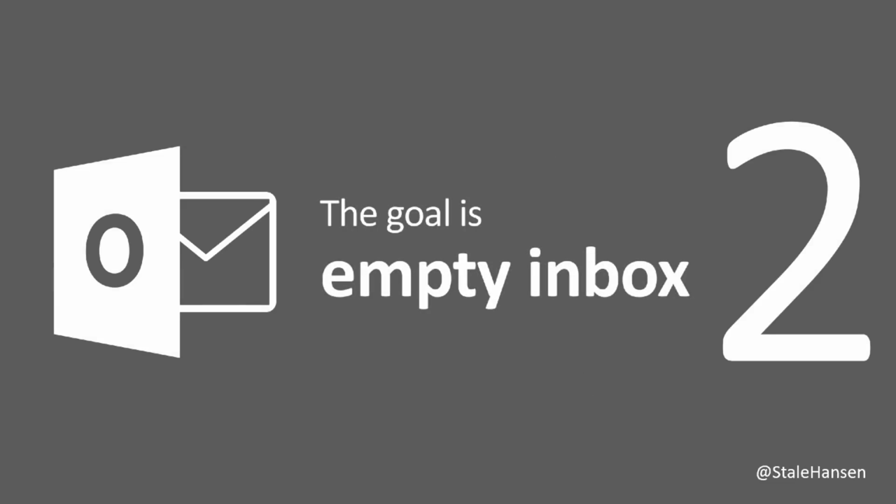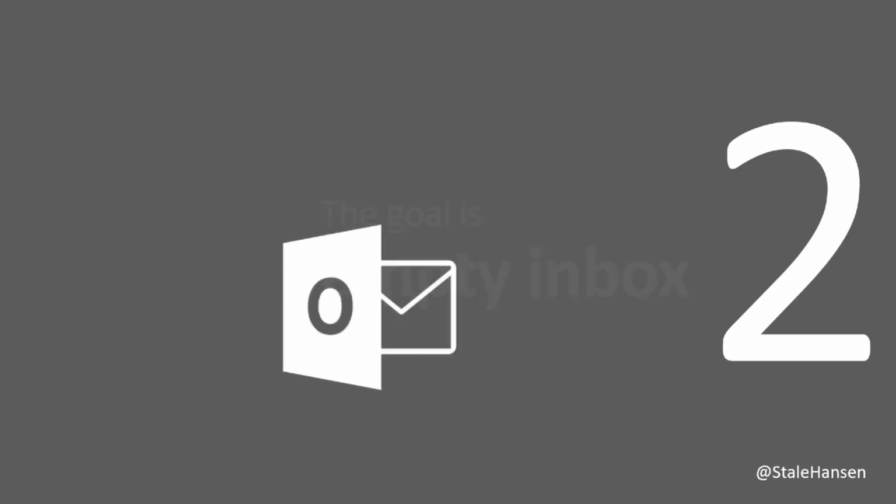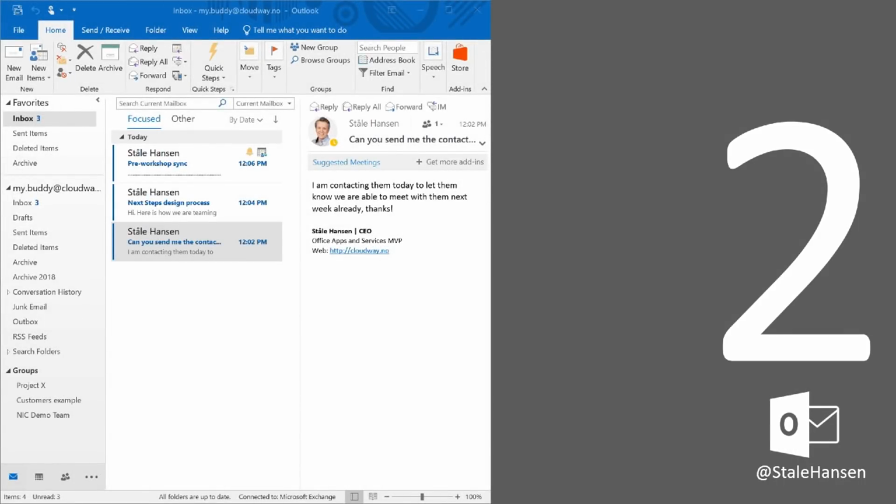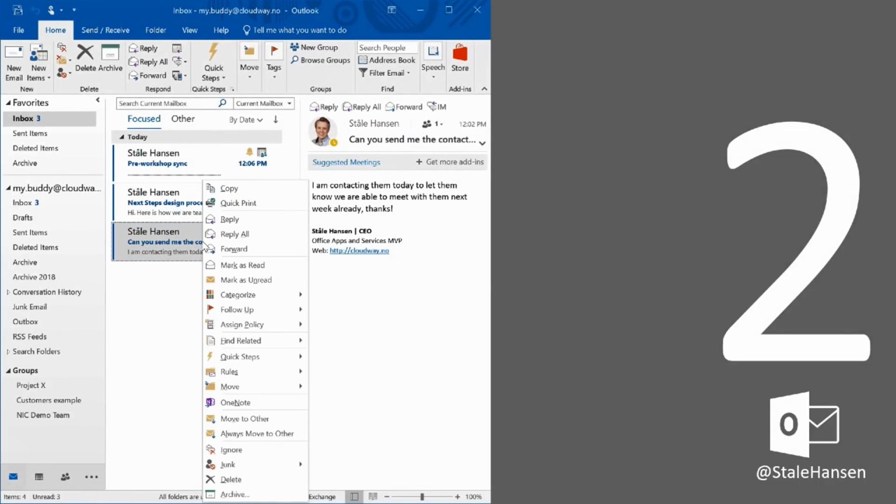So let's look at how I process email. And the goal is empty inbox. Empty inbox doesn't mean you have taken action on all the emails. It just means that you have taken a conscious decision about it. So let's take a look. I have 3 types of emails here. The first one is someone asking me about someone's contact information.